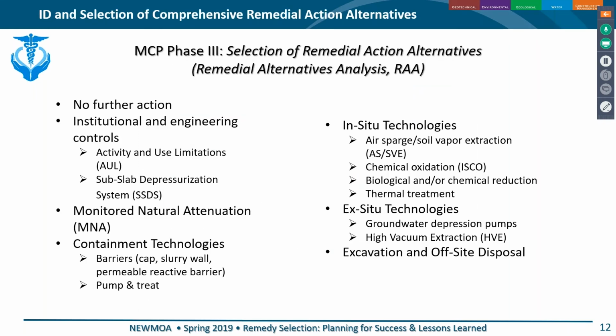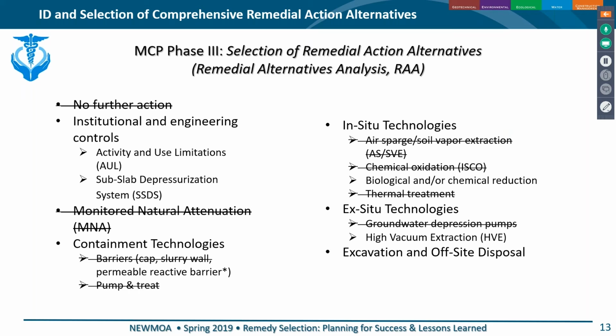So we didn't look at the world of remedies, but these are some of the common remedies that were considered and evaluated, and a few of them were just discarded. Obviously, you've got DNAPL, so no further action is probably not a solution. MNA for the plume, yes, but not necessarily for the source area.